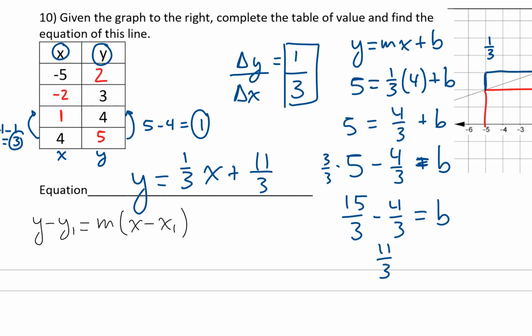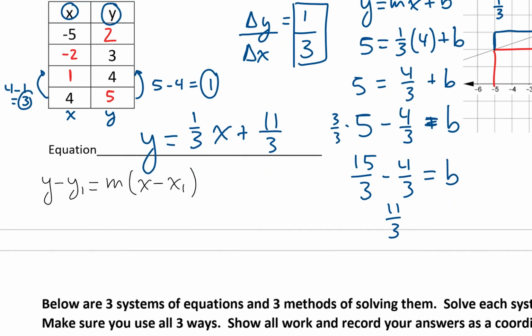If I do that, I would get y minus, and I'll use the y value that I have here, the 5, and that's equal to 1/3 times, I'll use this x value that I know, well, it would be x minus the number 4.